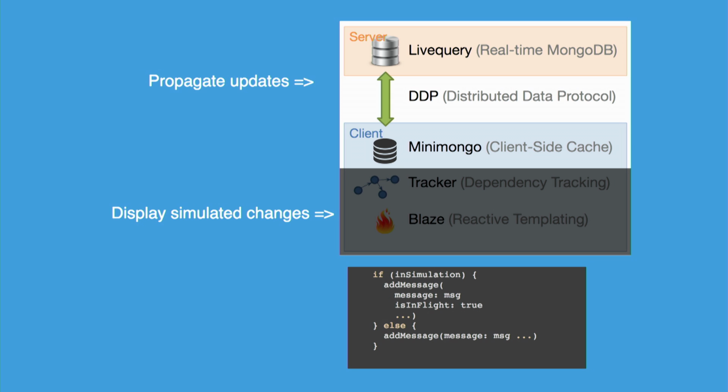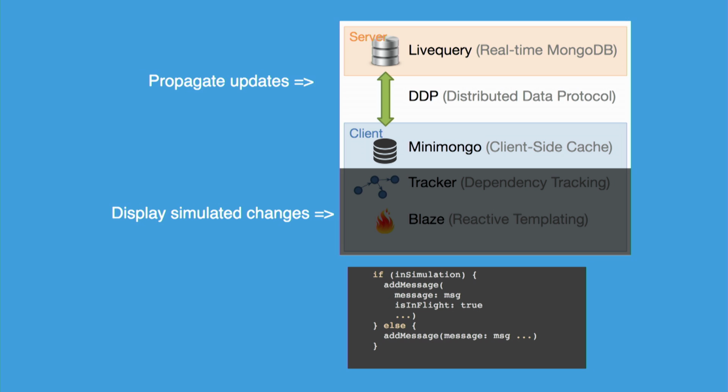So later, after 300 milliseconds on my server in Arizona, I will get the result propagated to the database. So it will be in the real database, and my database will emit a notification, hey, this document has changed. So the Meteor server would notice it and propagate this update to the client over DDP from the server.